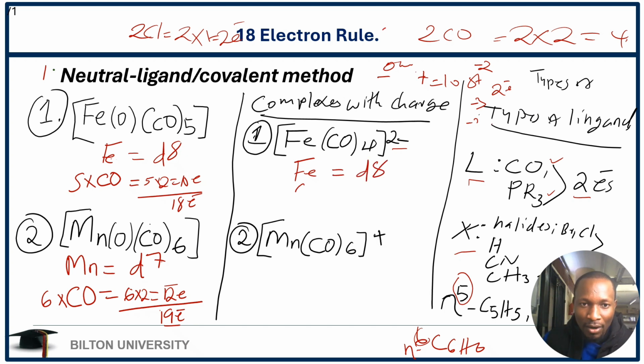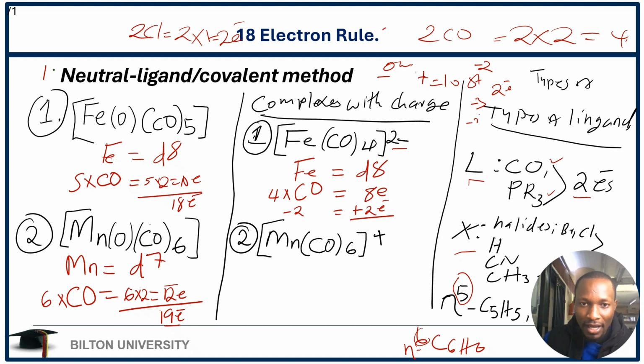Then we have the carbonyl, which is an L-type ligand, which will contribute 2 electrons per carbonyl. And how many are there? There are 4. So 4 times 2 will give us 8 electrons. And we have minus 2, and that's going to make plus 2 electrons. So this minus 2 charge tells us that it has gained 2 extra electrons.